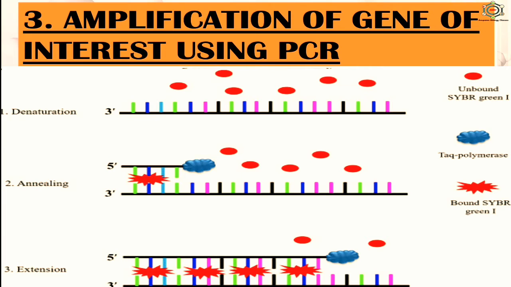The two primers extend towards each other in order to copy the DNA segment lying between them. This step requires the presence of deoxyribonucleoside triphosphates, that is dNTPs, and magnesium ions, and occurs at 72 degrees Celsius.